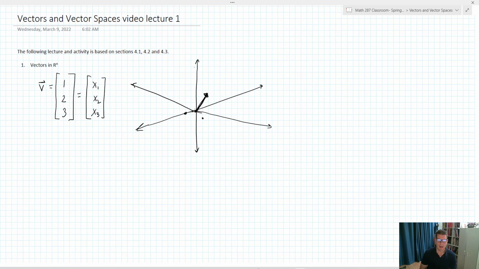We've got v here. Now, we can definitely go in and draw vectors out in space.